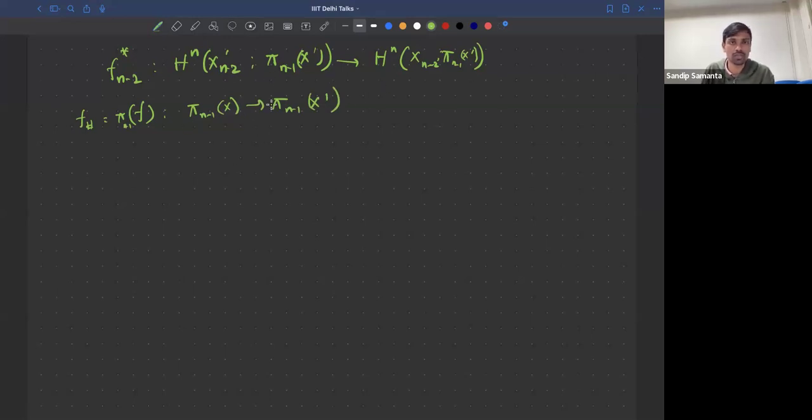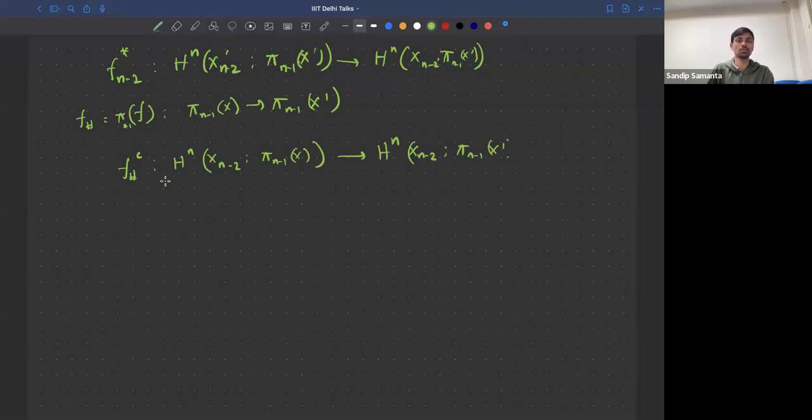In the cohomology group, C is the coefficient morphism at this level: H n of X n minus 2 with pi n minus 1 X to H n of X n minus 2 with pi n minus 1 X prime.